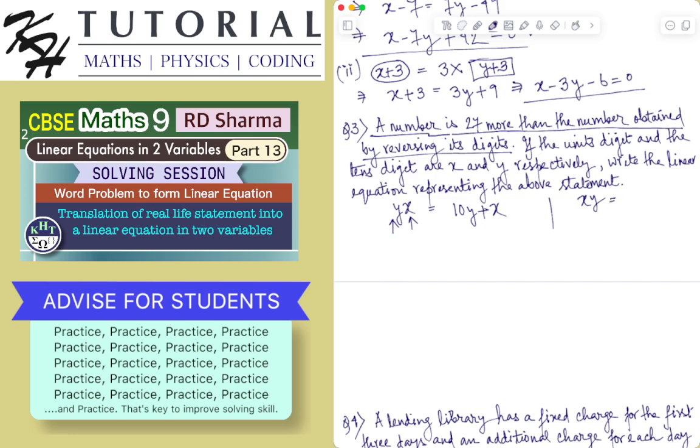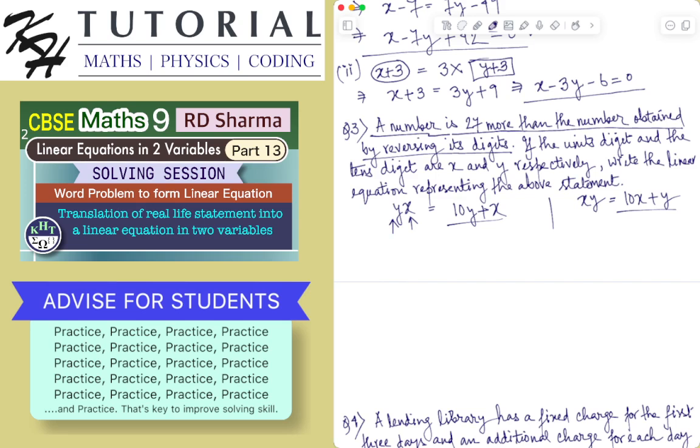So this number in the expanded form will be 10x plus y. So originally the number is 10y plus x, and after reversing its digits the number becomes 10x plus y, where x denotes the units digit in the original number and y denotes the tens digit in the original number.